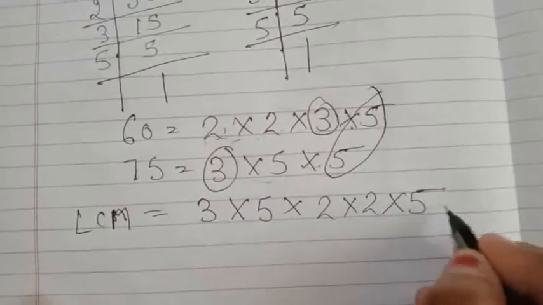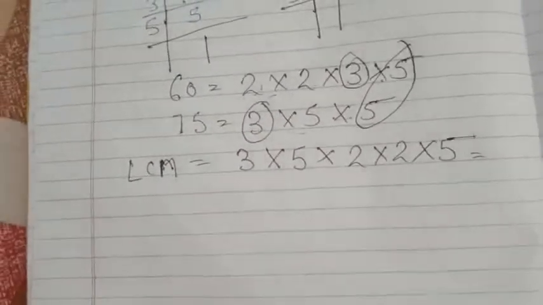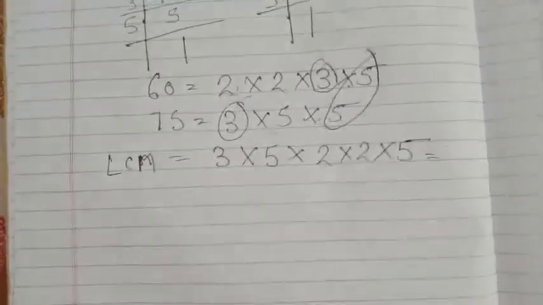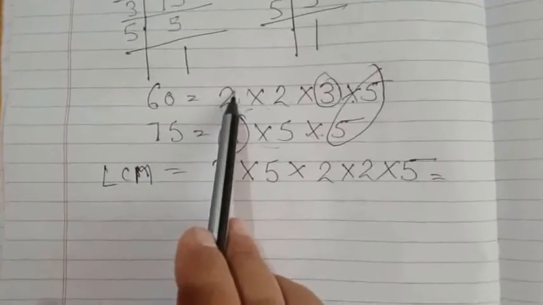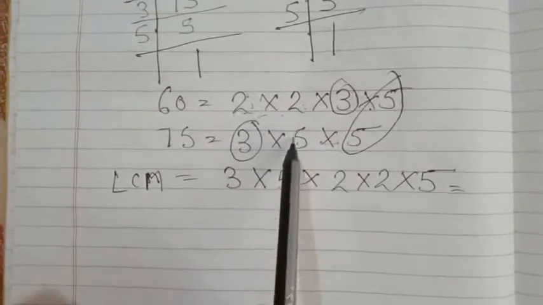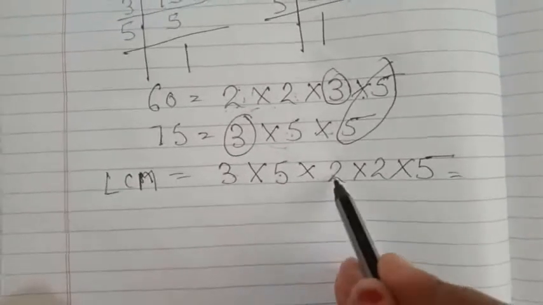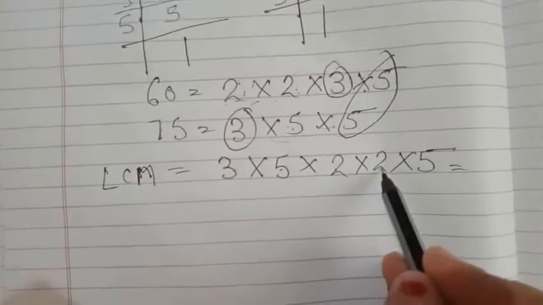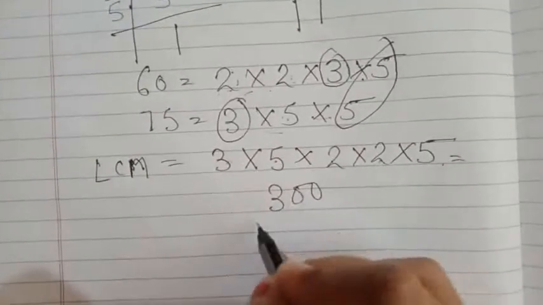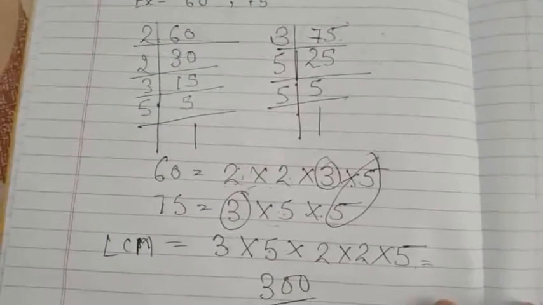So we take once those numbers which are paired, and the numbers which are left, like 2, which are not paired, we take those also. So 3 fives are 15, 15 twos are 30, 30 twos are 60, 6 fives are 300. So 300 will be the LCM of 60 and 75.